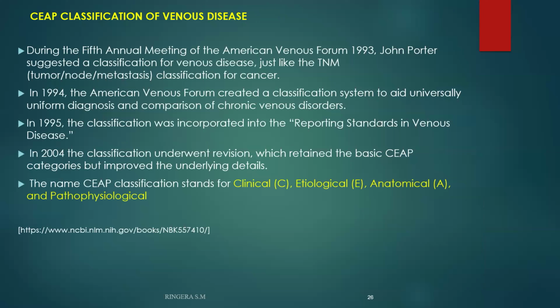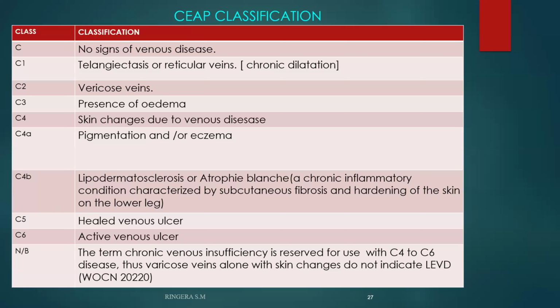So the CEAP classification was initiated by the American Venous Forum, which created a system classifying the disease, and it was perfected in 2004, and it retained the basic CEAP categories, namely C standing for clinical, E standing for etiological, A standing for anatomical, and P standing for pathophysiological. Yeah, so it's a way of classifying the disease.